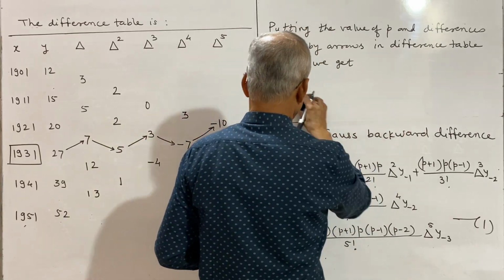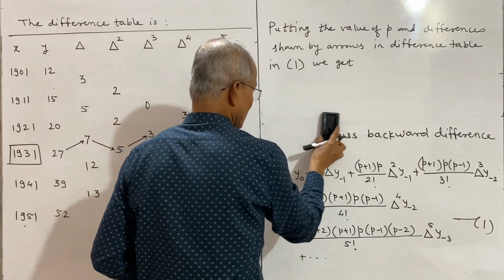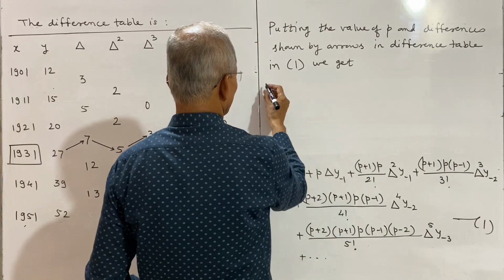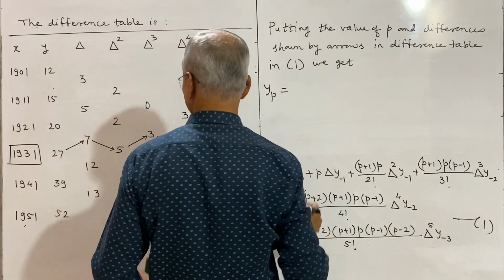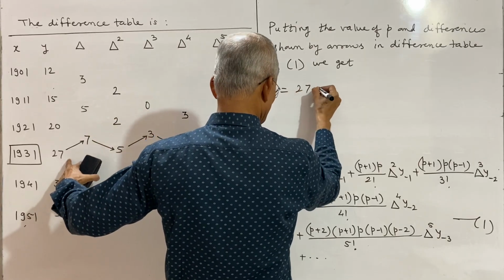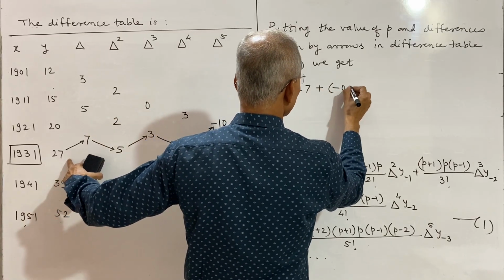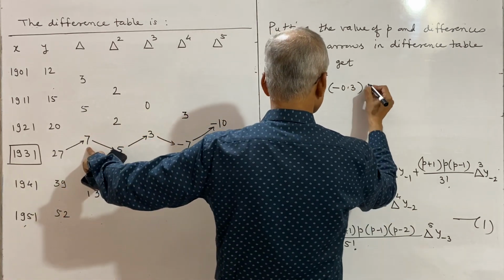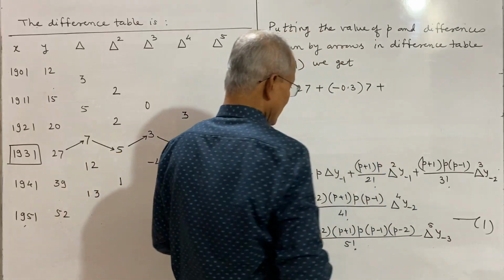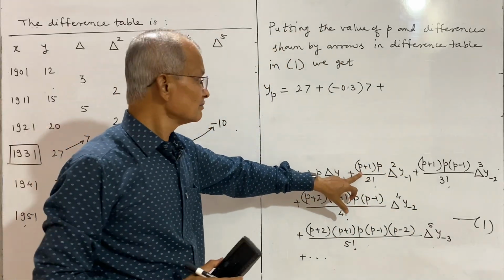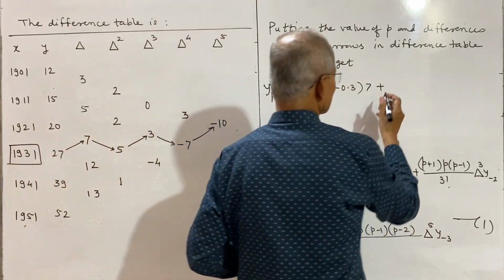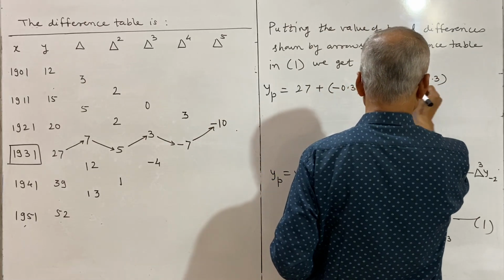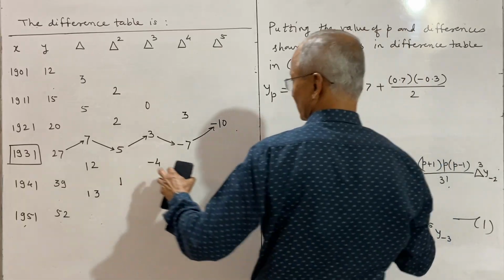Now see, y at p, the required value, is equal to y naught 27 plus p, which is minus 0.3, times delta y minus 1, which is 7, plus p plus 1, that is minus 0.3 plus 1, which is 0.7, into p, which is minus 0.3, divided by 2, into delta square.